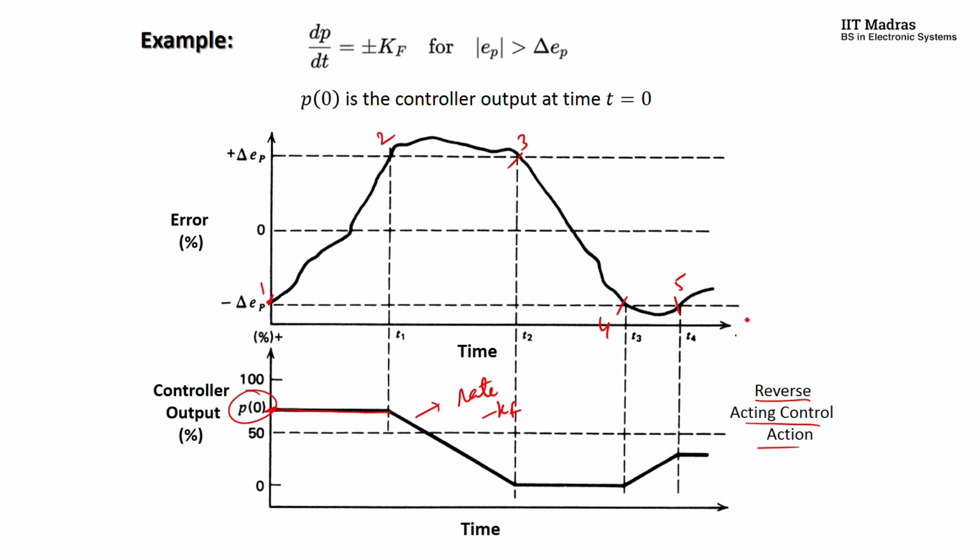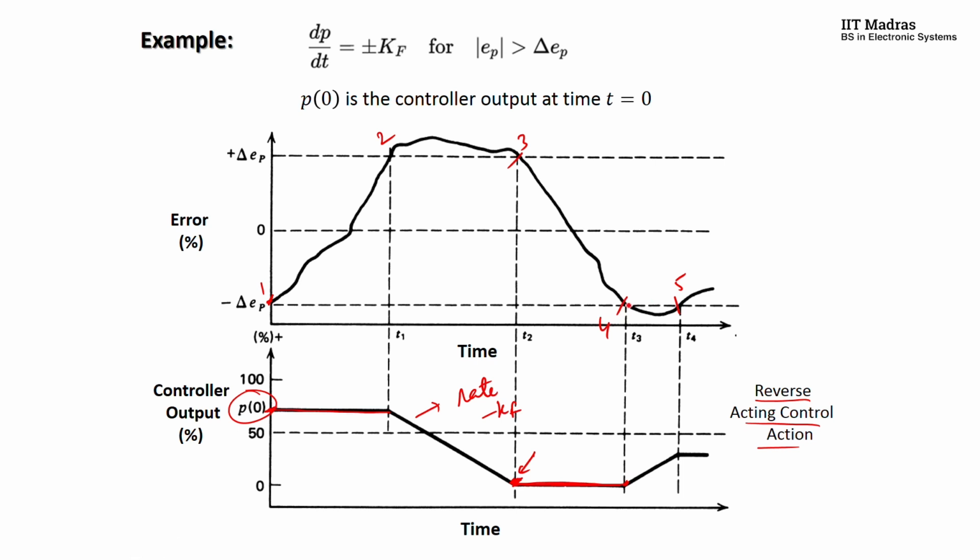Again from 3 to 4, you have the error within the band of plus delta EP to minus delta EP. So in this case, you are holding on to the last value of the controller, just before entering the band of 3 to 4. You had the control output to be so much here. The same value will go up to the next error bound.